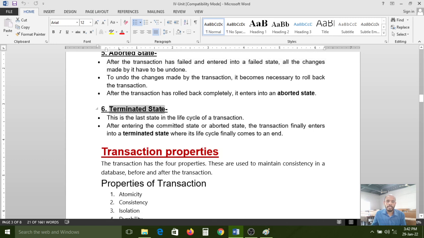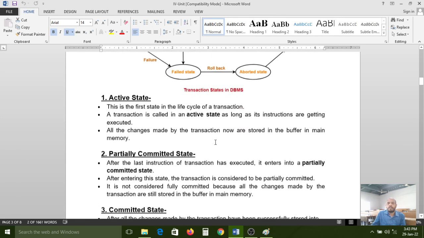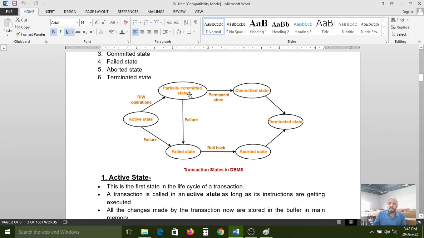Terminated state is nothing but the final state in the life cycle. For each and every operation, for each and every transaction, this cycle must be executed behind the scenes. If it is in active mode, first it will store the data in the buffer, that is, partially committed at our device. After that, when you use the OTP to confirm this transaction, the state will move to the committed state.